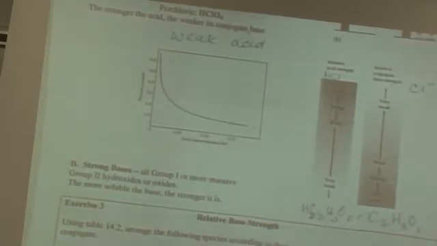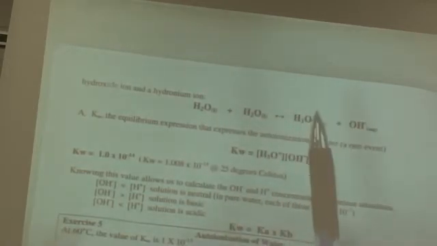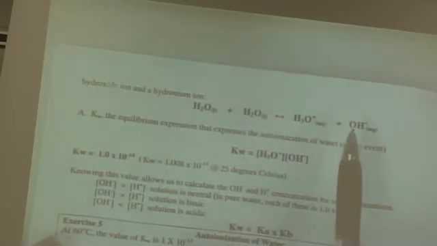We talked about strong bases, and now I would like to talk about the auto-ionization of water. Okay, let's say you have a lot of water particles together. They will dissociate to a very small degree and produce an H plus and an OH minus.